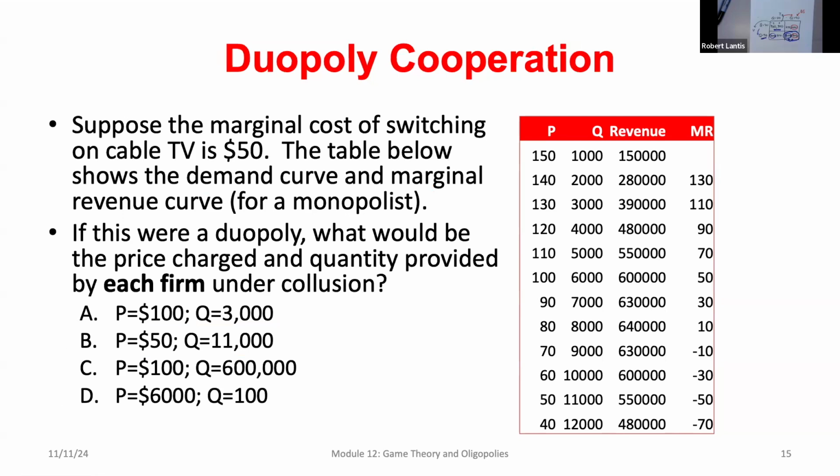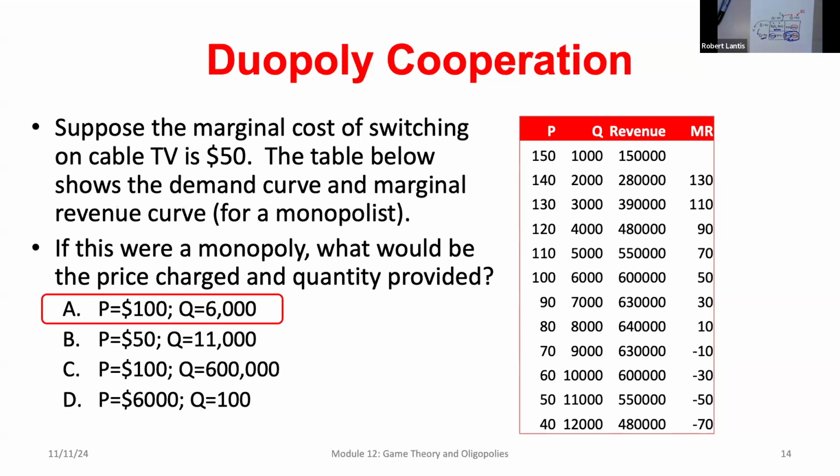Now, if I had a duopoly, I mentioned this already, if they're both agreeing to act like a monopolist, well, here we would say, okay, together, if we acted like a monopolist, like we worked together and made our quantity decisions, we should be setting the quantity at what? 6,000, right? That's where the monopoly profit maximizing quantity was for the monopolist.